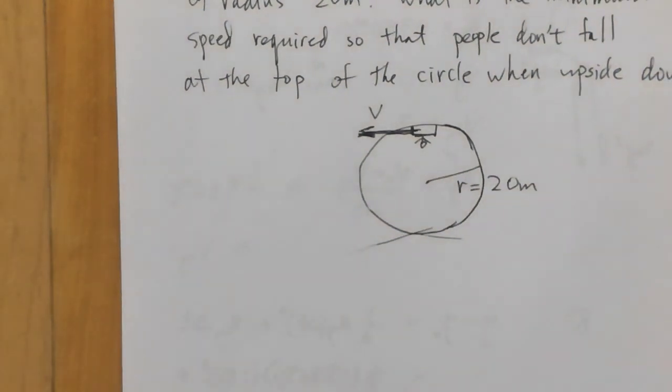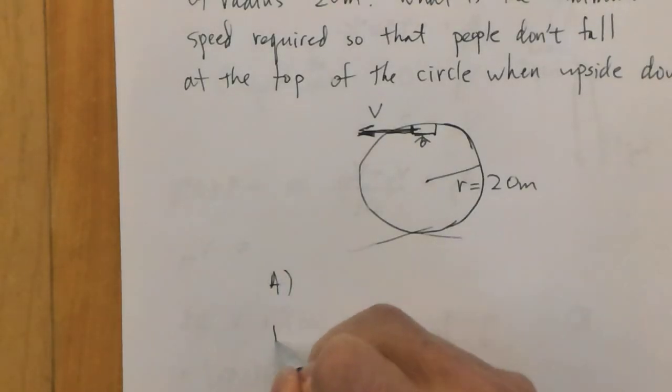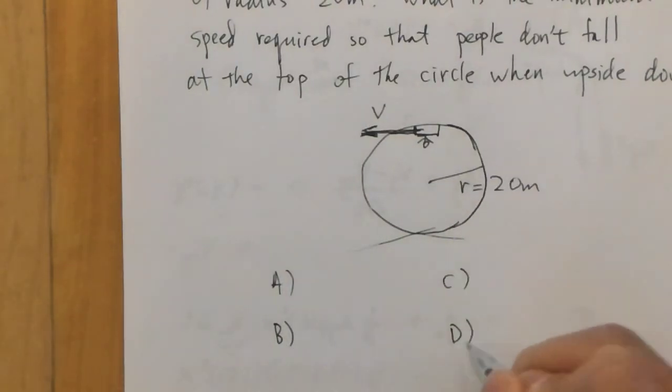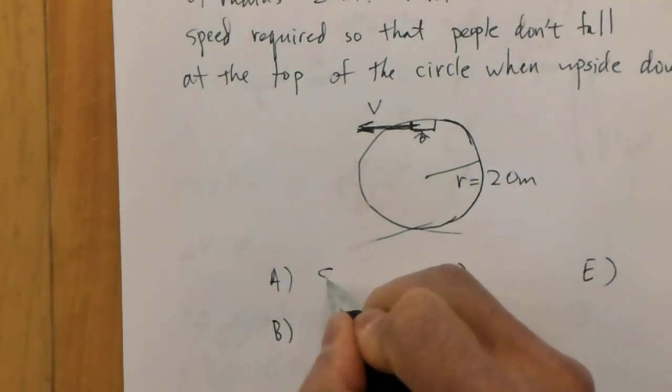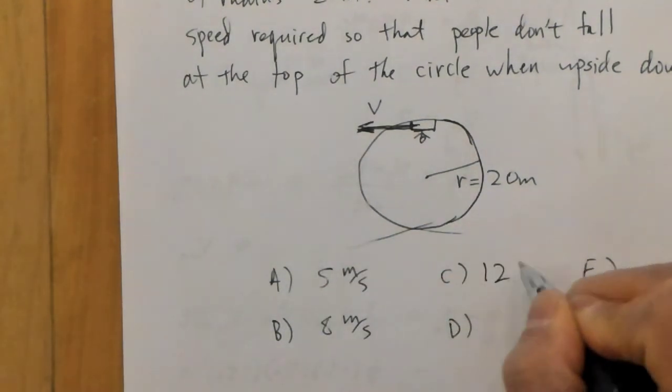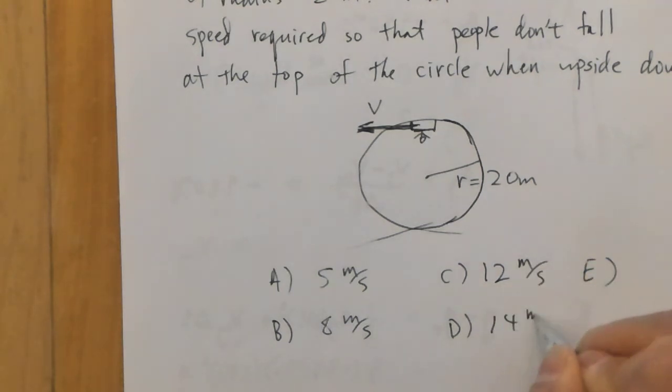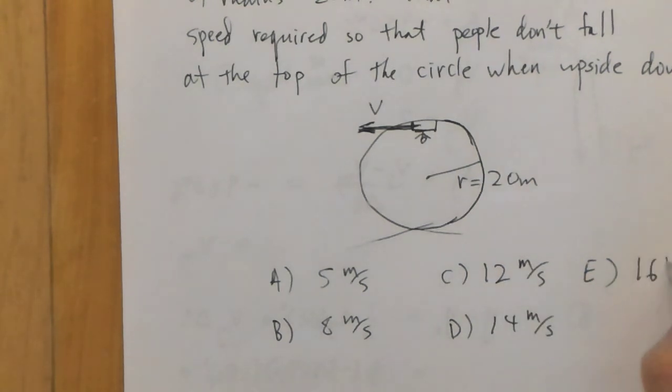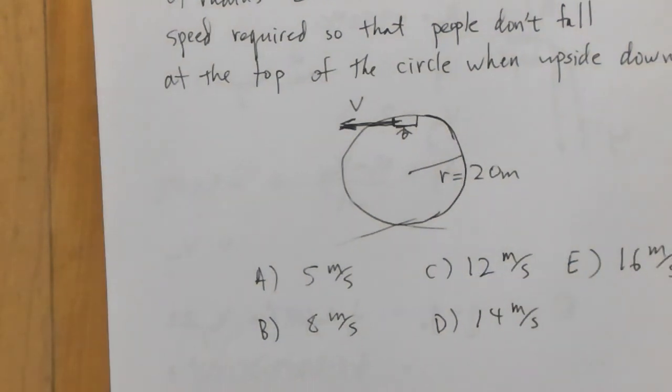And we want to know what's the minimum speed needed. So let me give you some choices: 5 meters per second, 8 meters per second, 12 meters per second, 14 meters per second, 16 meters per second.